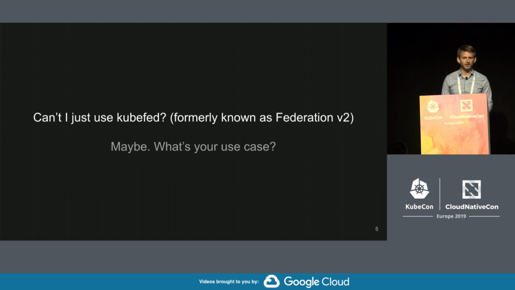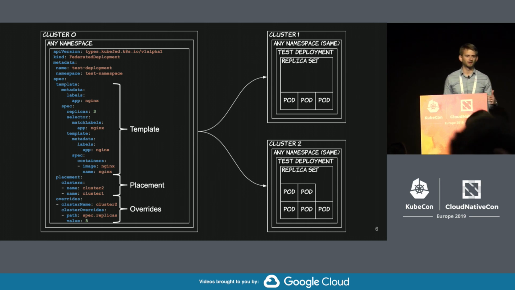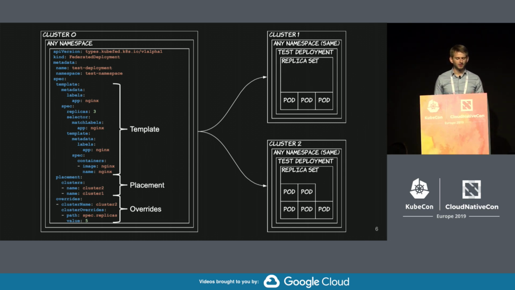So what does Federation V2 solve? It solves a problem where you have a central cluster and you want to do top-down resource declaration. So you want to define declaratively your resources across your federation from one cluster. And you can do that by decomposing your problem into templates.